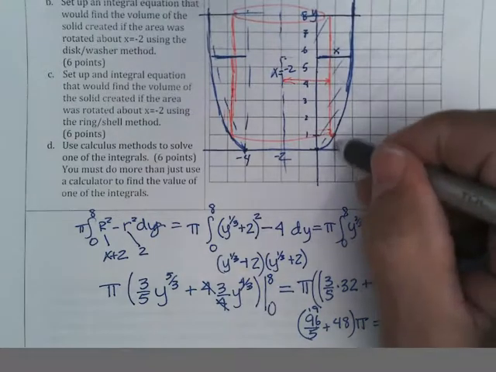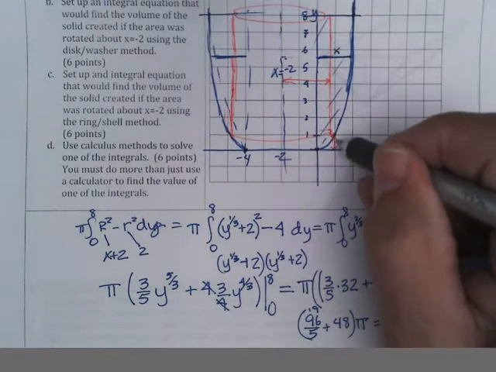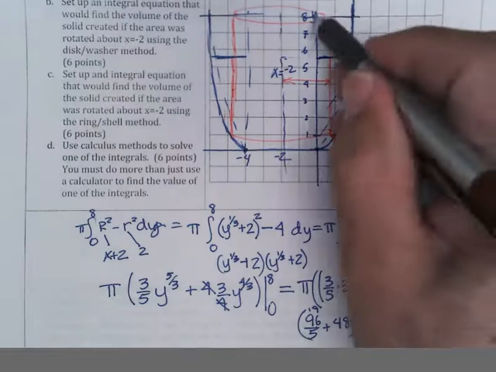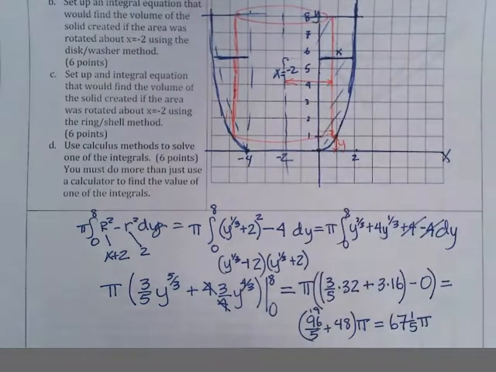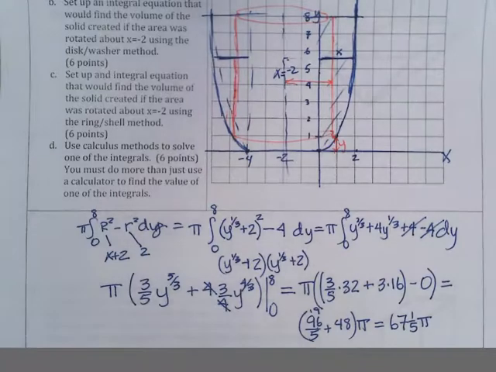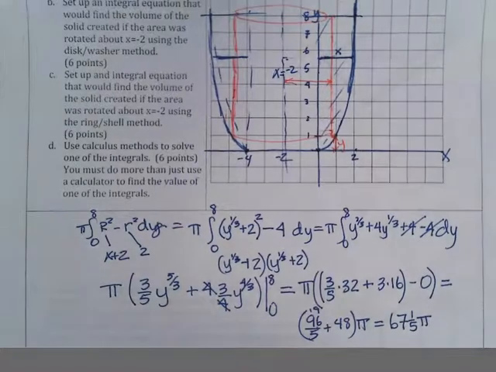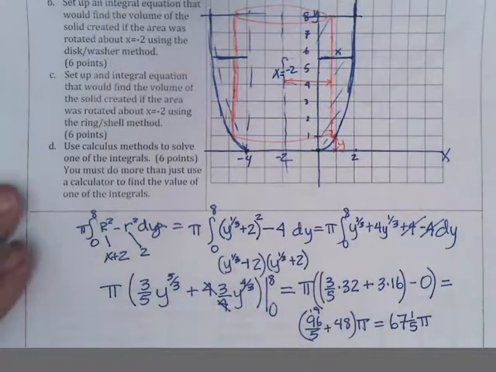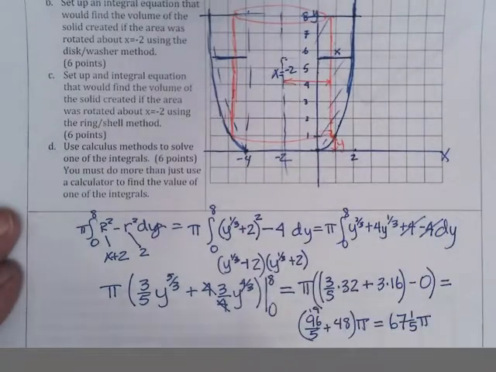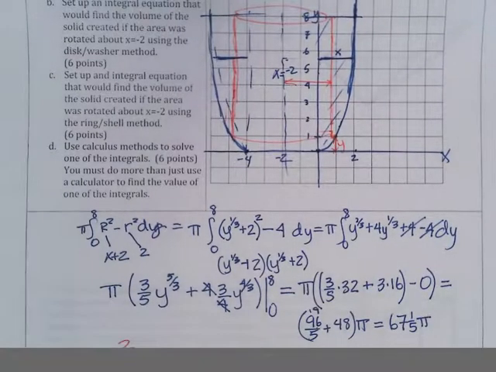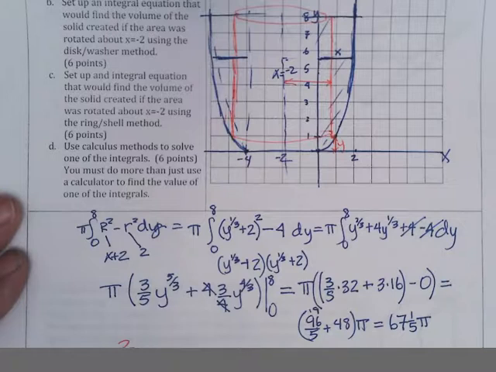But this is y, so it's going to be 8 minus y, and the thickness of that is going to be dx, and x is going to go from 0 to 2. It's 2 pi r times the height times the thickness.